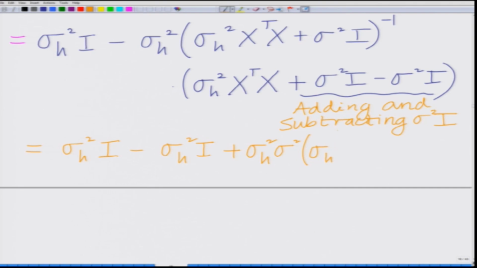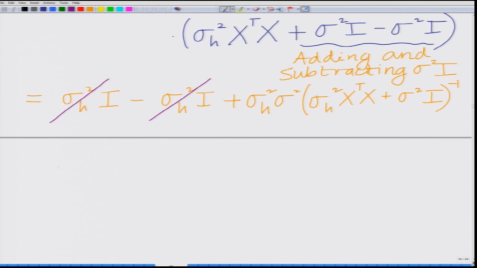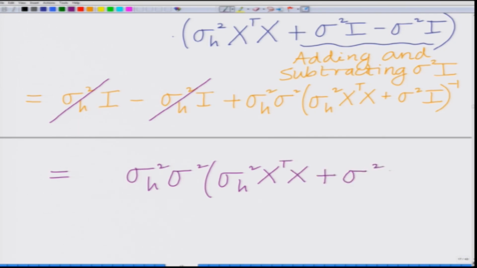And now you can see that sigma h square identity minus sigma h square identity cancel, and what we are left with is basically the error covariance: sigma h square sigma square times sigma h square x transpose x plus sigma square identity inverse. This is the expression for the error covariance.